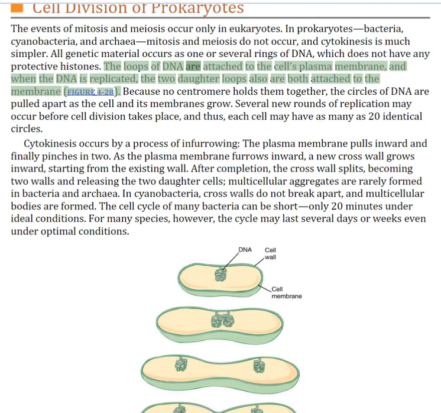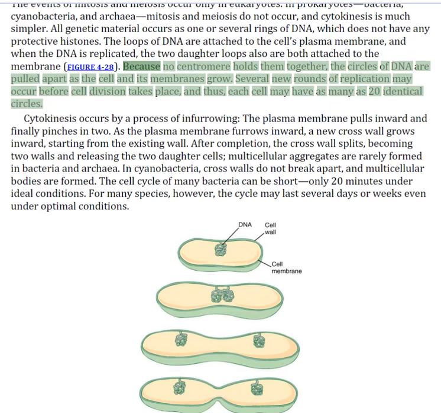The loops of DNA are attached to the cell's plasma membrane, and when the DNA is replicated, the two daughter loops also are both attached to the membrane. Because no centromere holds them together, the circles of DNA are pulled apart as the cell and its membranes grow. Several new rounds of replication may occur before cell division takes place, and thus each cell may have as many as 20 identical circles.